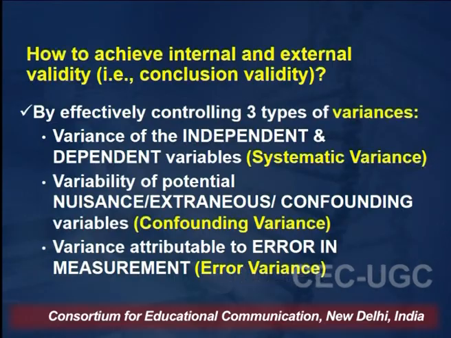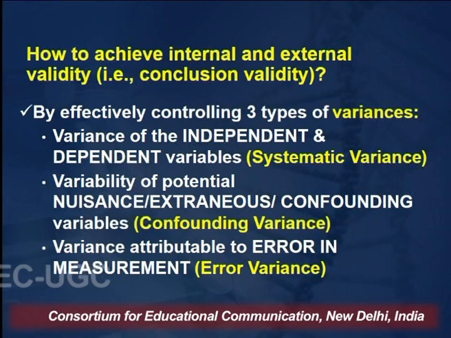You achieve that by effectively controlling three types of variances. What are these three types of variances? First is the systematic variance. Systematic variance is the variance of the independent and dependent variable. That systematic variance is basically the variability which is intrinsic to the independent and the dependent variables.